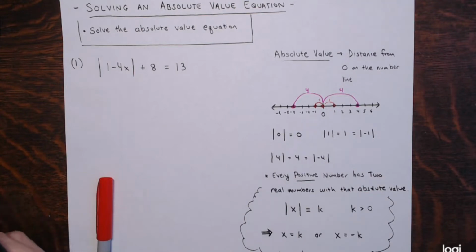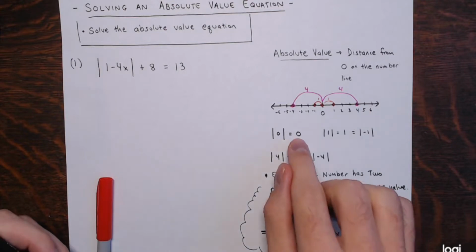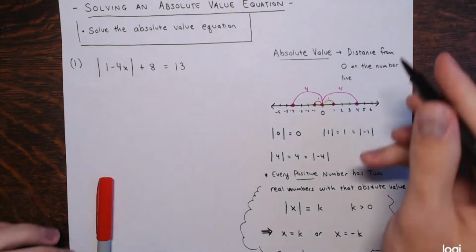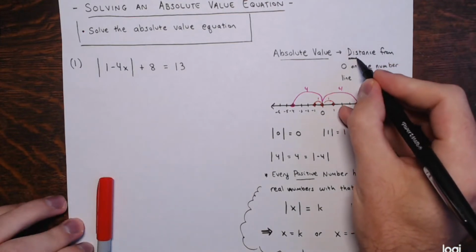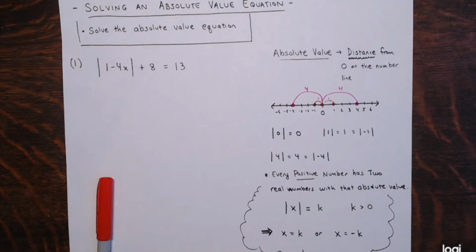This doesn't work for negative numbers. There's no absolute value that gives you a negative number. Absolute value is always 0 or greater. The absolute value is a distance, right? I have the word distance up here. It's never negative.